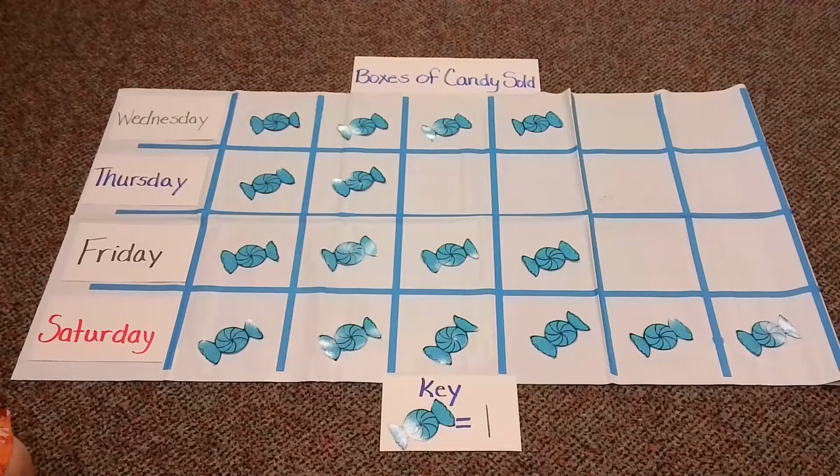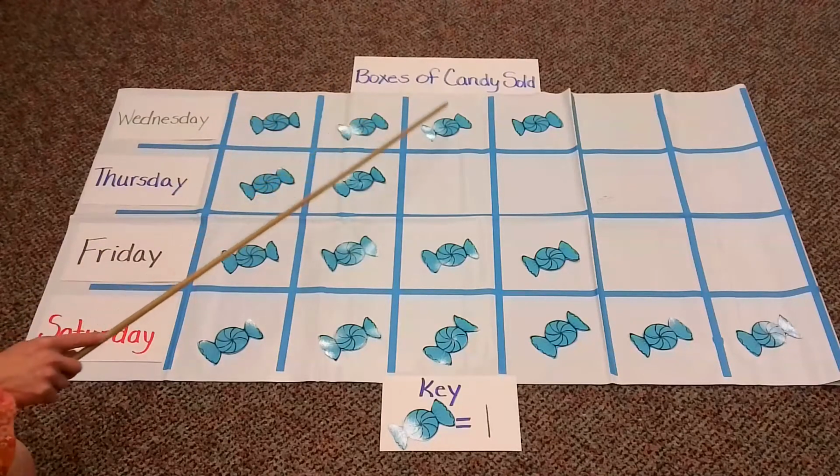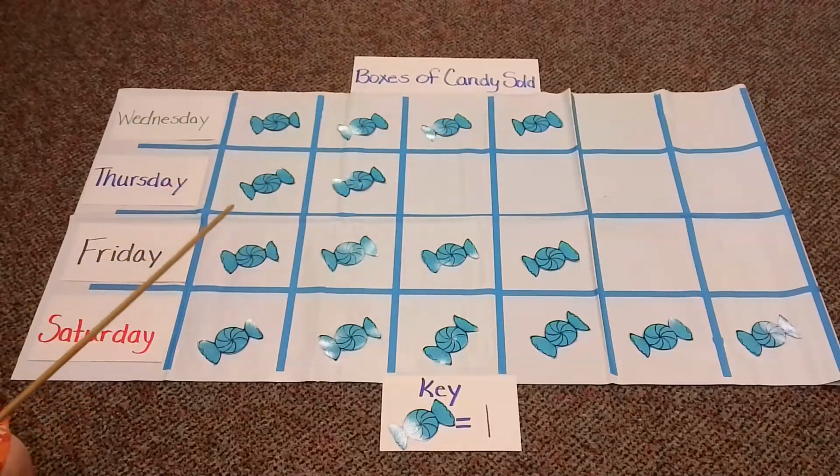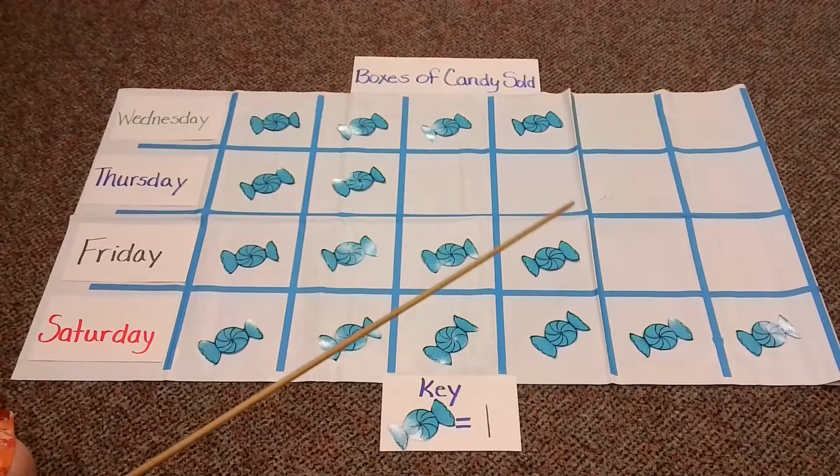If you're thinking and you're looking, I wonder if you already saw them. Wednesday and Friday. Because both of those days sold 1, 2, 3, 4. 1, 2, 3, 4. So basically, that's answering that question.